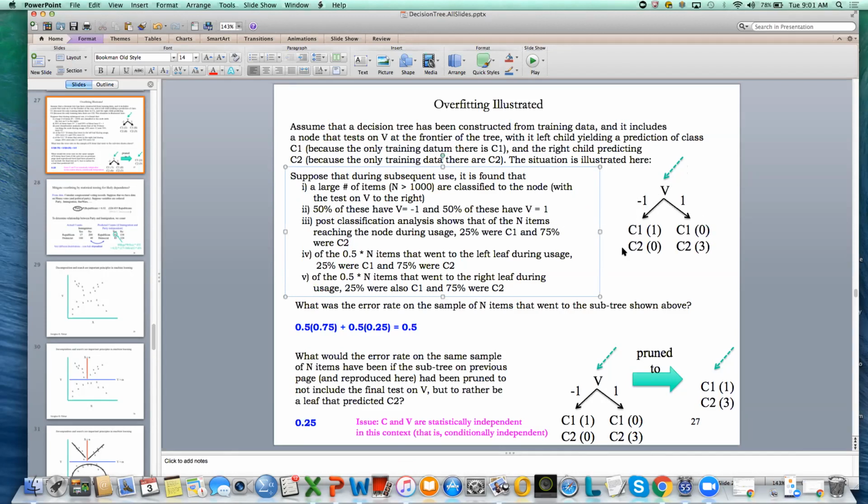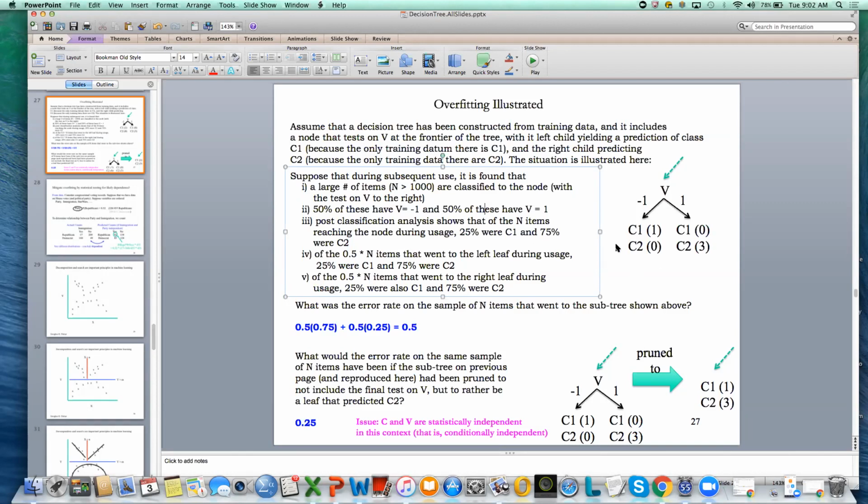So what should I do rationally? If I want to maximize my prediction accuracy, and 75% of the items that actually come to this node are members of C2, I should just predict C2. I should choose the most probable outcome.